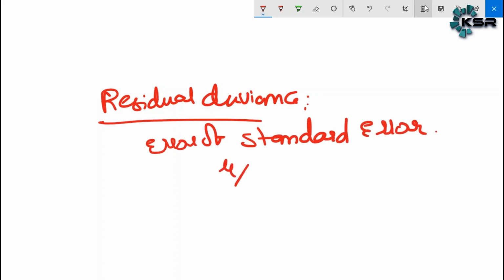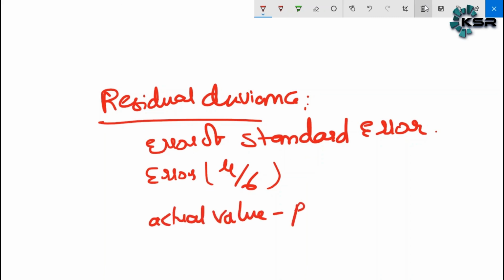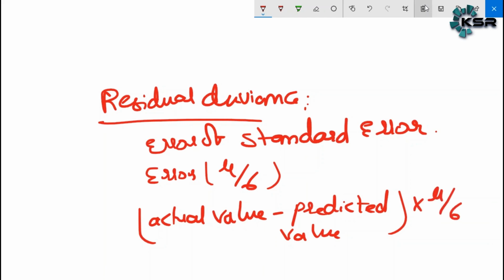That means mu by sigma, again the formula of the error variable. Error means actual value minus predicted value, into mu by sigma.